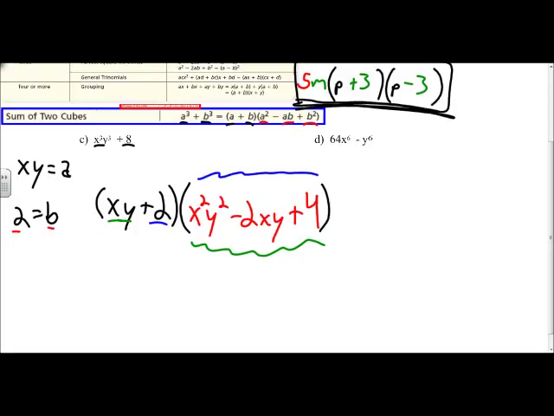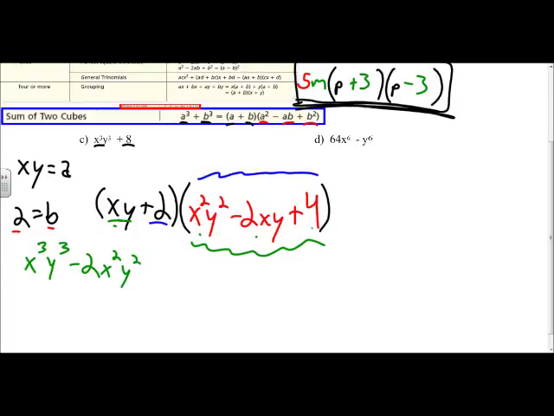So if we do our xy first, xy times x squared y squared will leave us with x cubed y cubed. Xy times negative 2xy leaves us with negative 2x squared y squared.